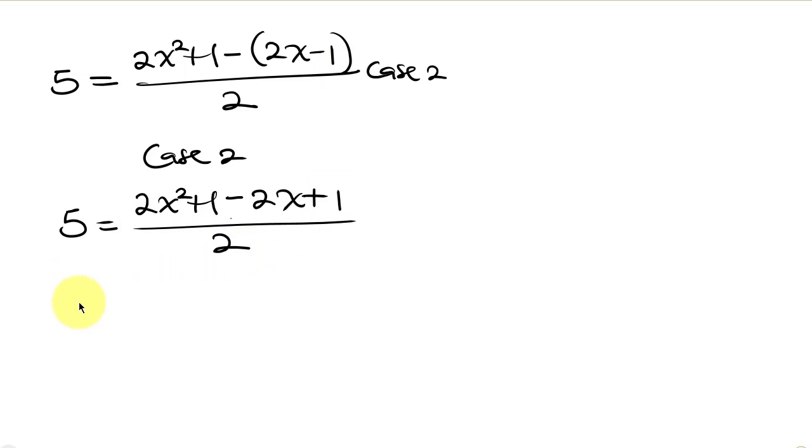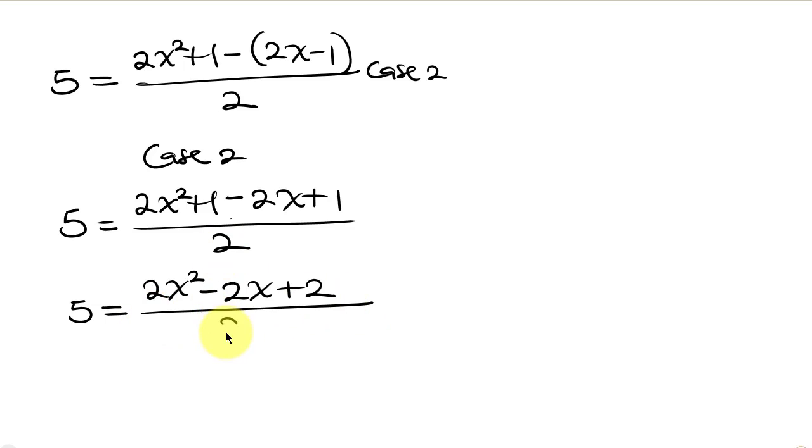So this simplifies into 5 equal to 2x squared minus 2x. And then 1 plus 1 is 2. All over 2, which is the denominator. So 5 now becomes, notice that 2 is common, so we can factor out 2.